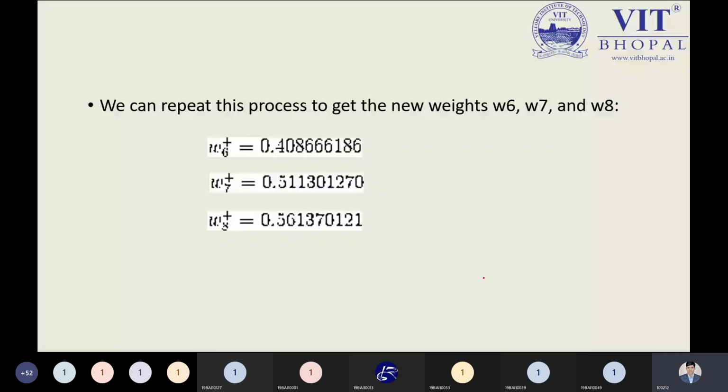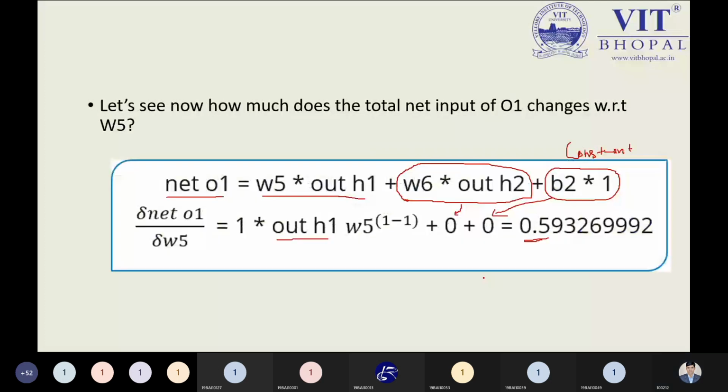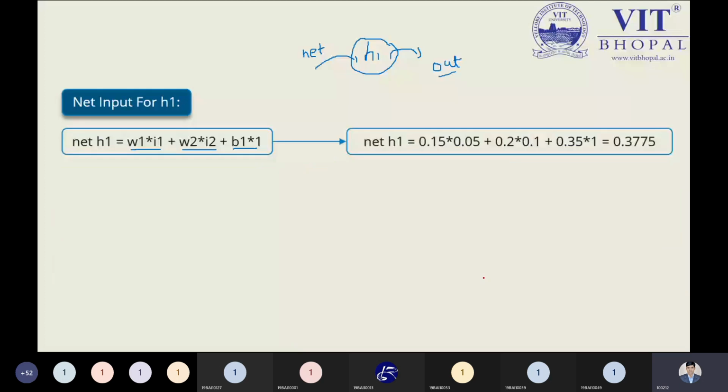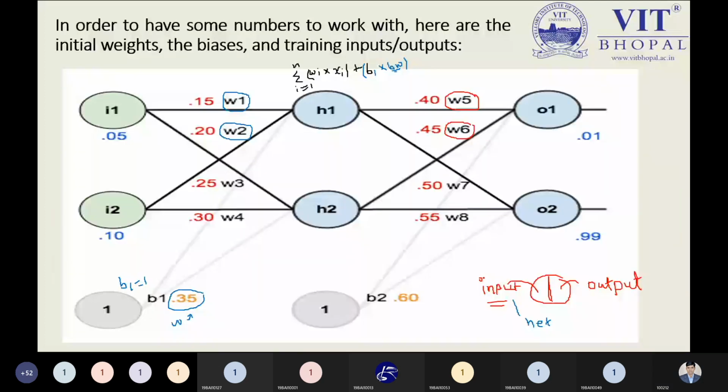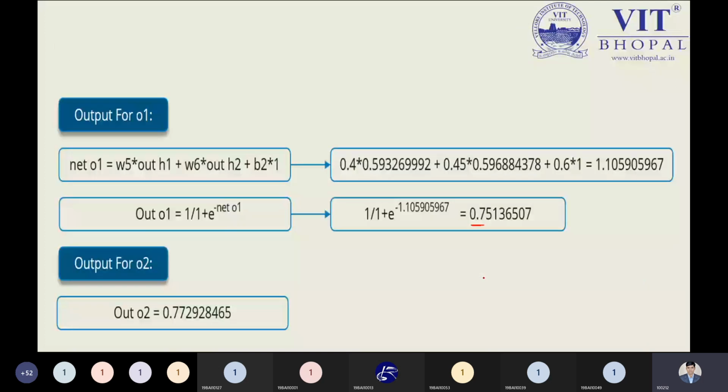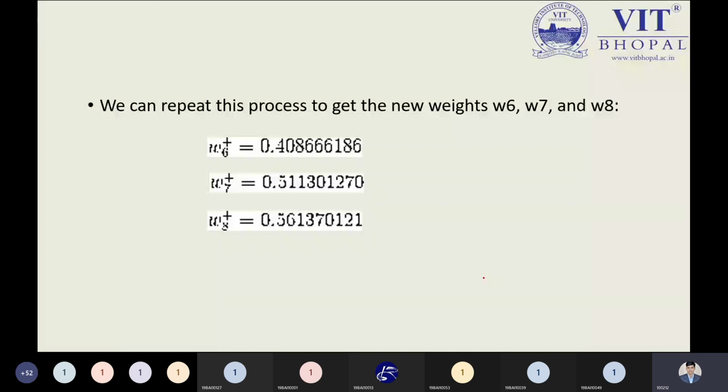If you remember the diagram, W5 was 0.40, W6 0.45, W7 0.50, W8 0.55. Here we are getting many differences. For W6 we had 0.45 previously, the old one, but after updating we are getting 0.40.